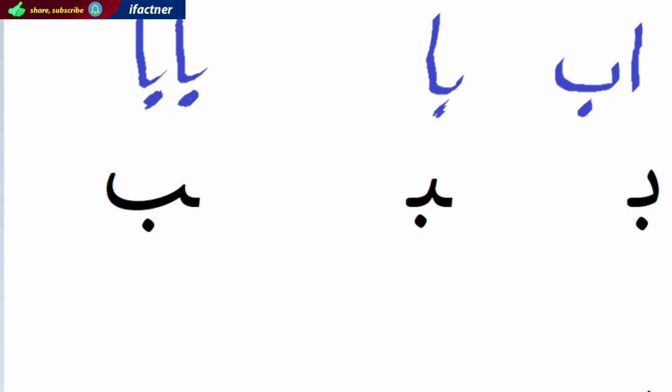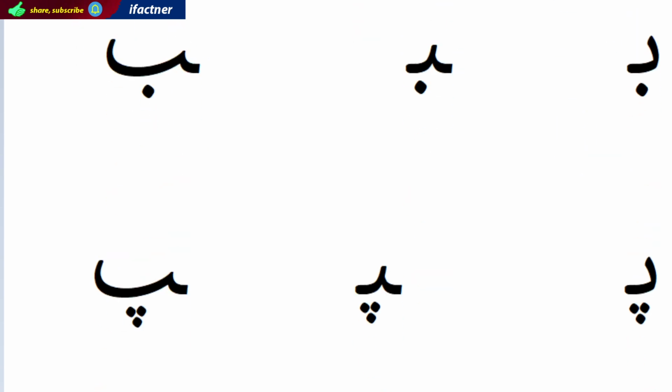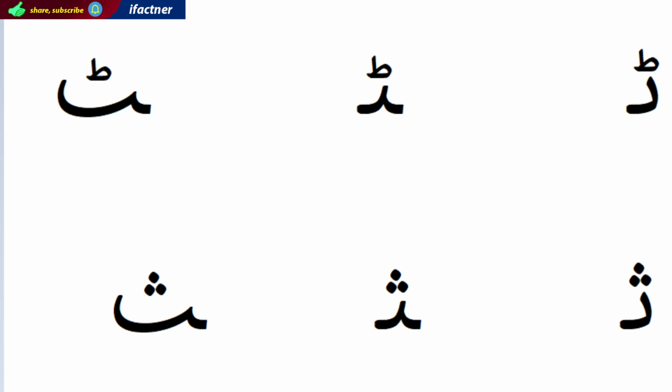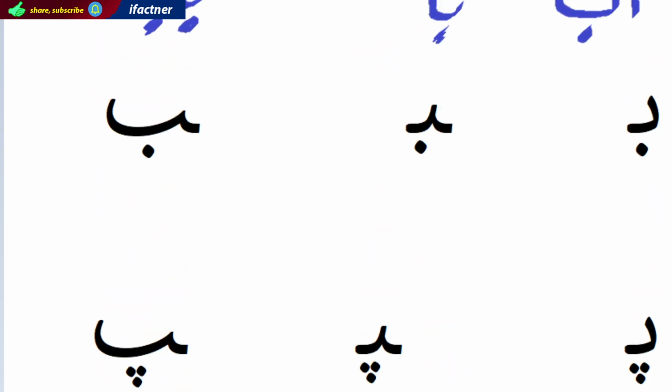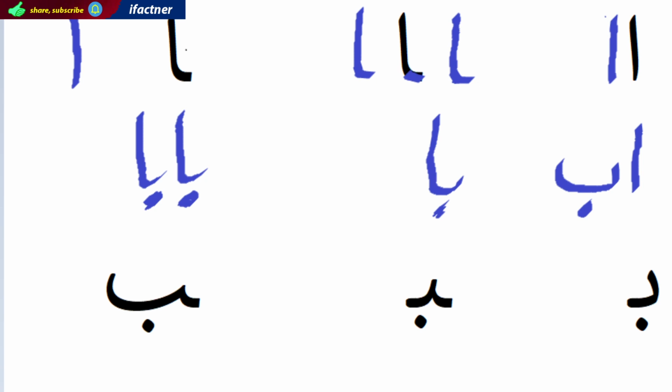So if you learn how to write Be, then you will be able to write Pe, Te, Te and Se. That is, you will be able to join Be, Pe, Te, Te, Se very easily. So let's continue. The next letter is Be. And let's see how we write Be.